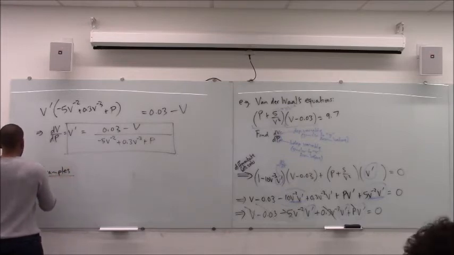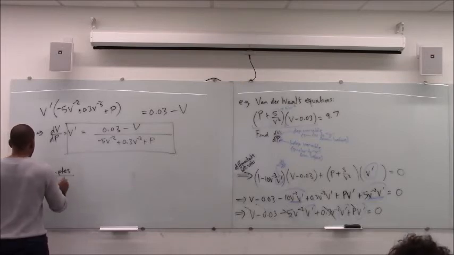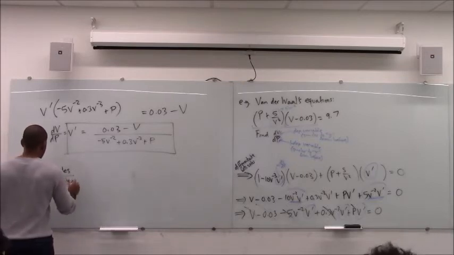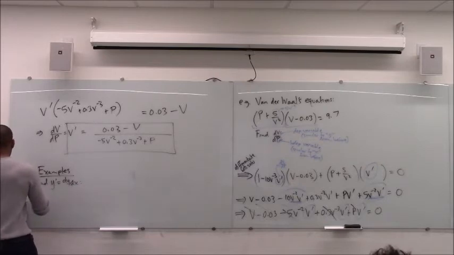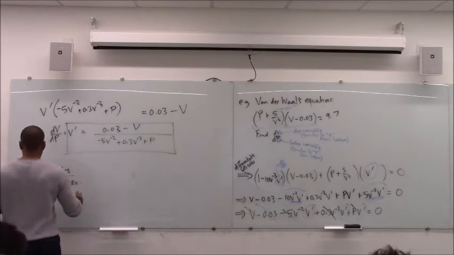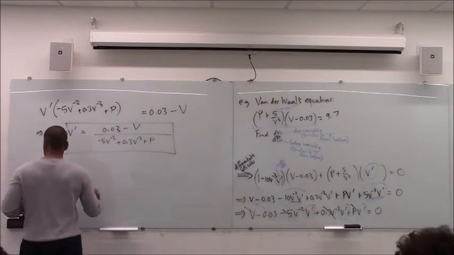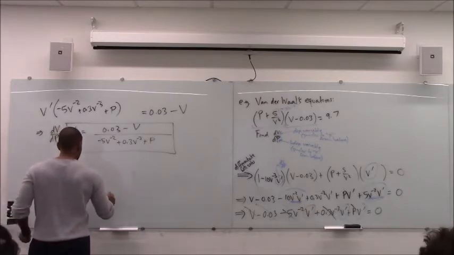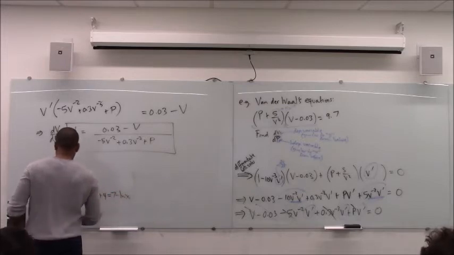This is find y prime, which is d by dx, if we know that 4x squared plus 2xy minus 3x squared y squared plus 4 equals 7x.